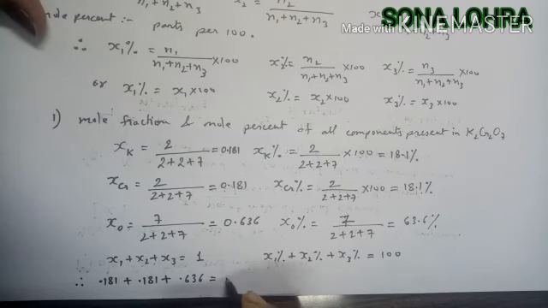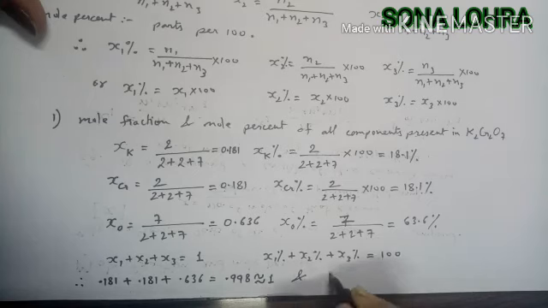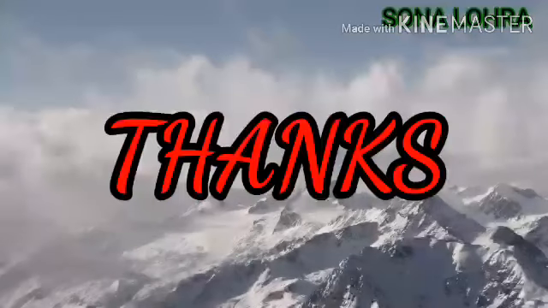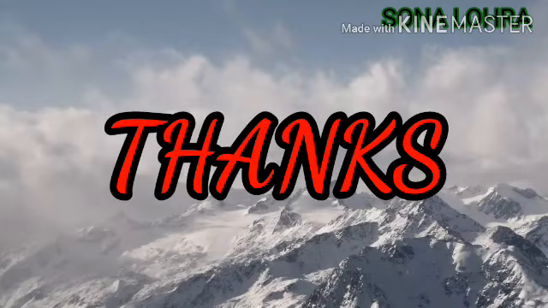So if we add the mole fractions of potassium, chromium and oxygen, we get 0.998, which is almost equal to 1, and by adding their percentage values we get 99.8%, which is almost equal to 100. Thank you.